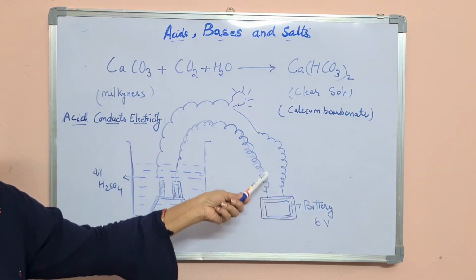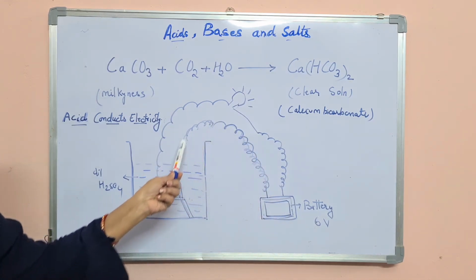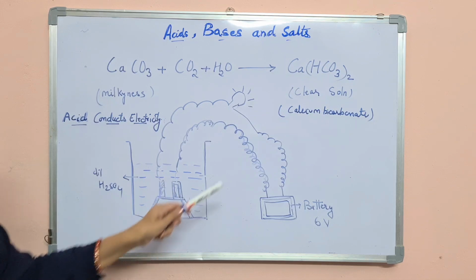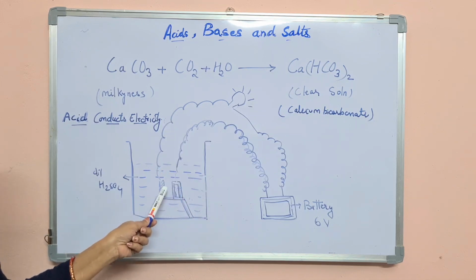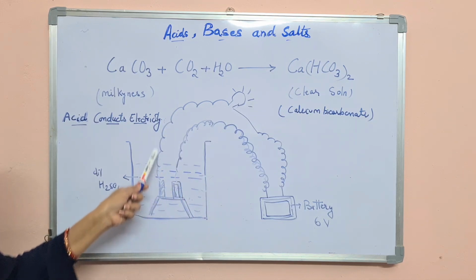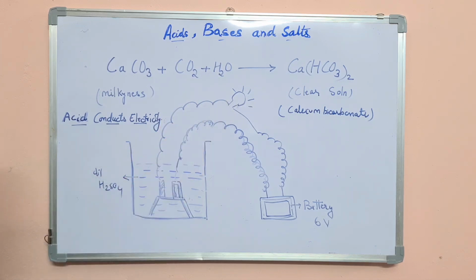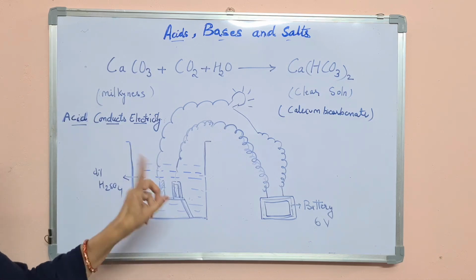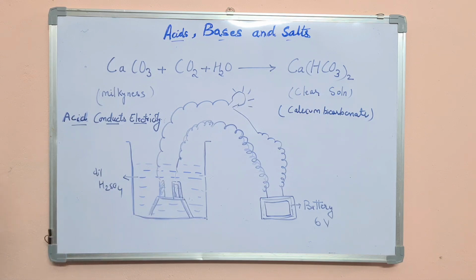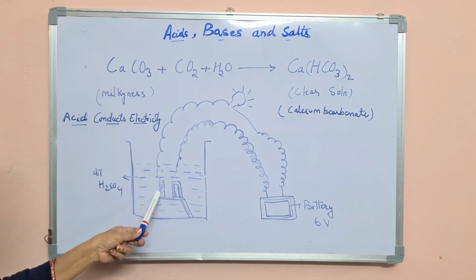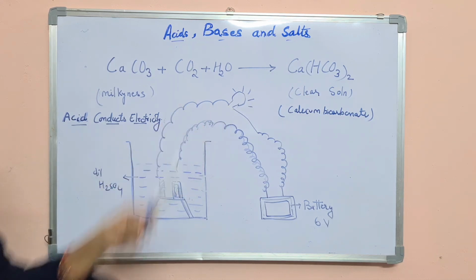When the current is passed through the conducting wire, to complete the circuit, the electrodes are there. Through this wire, a bulb is also connected in between. In place of the bulb you can connect an ammeter, and in the ammeter we can see the deflection of the needle. What happened? It has been observed that the bulb starts glowing.